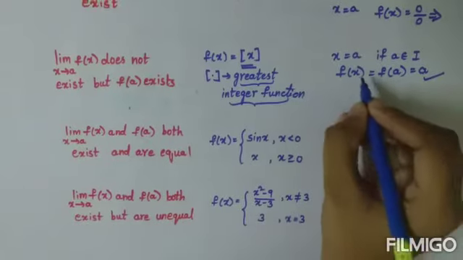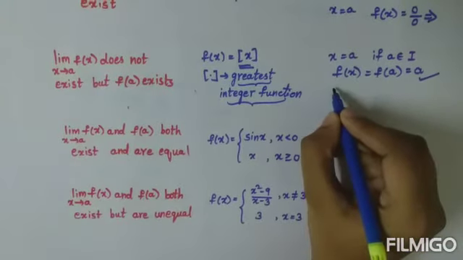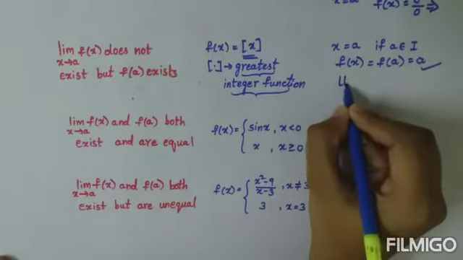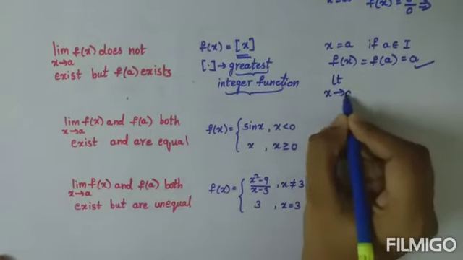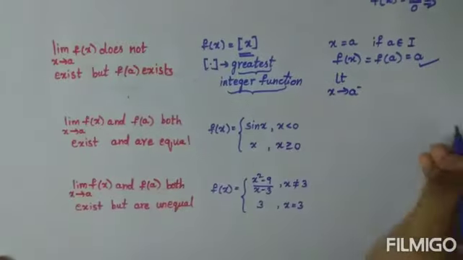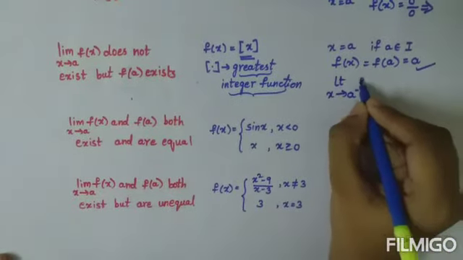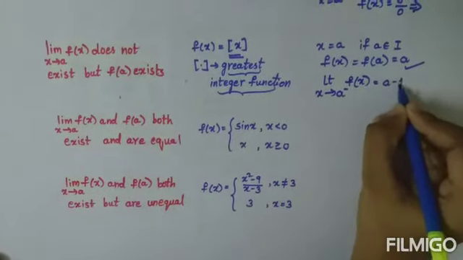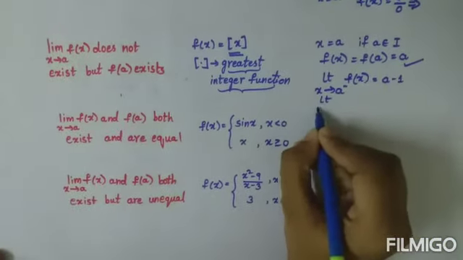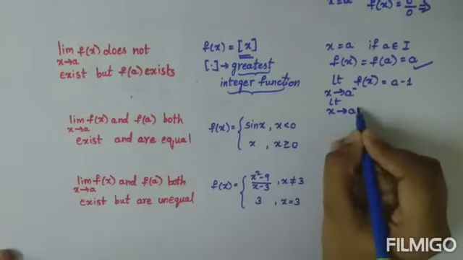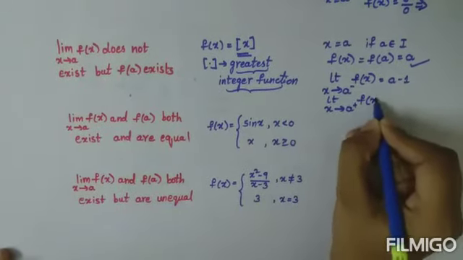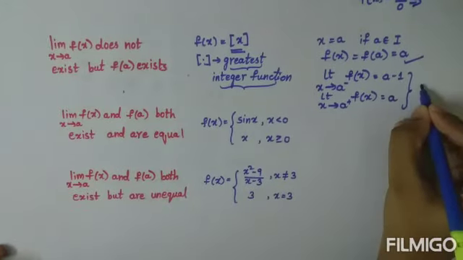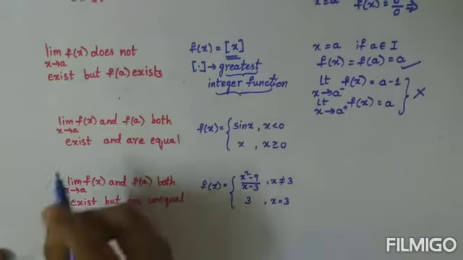But if we observe the left-handed limit and right-handed limit, when we approach from the left side in the real number, we observe that the limit of the function is a minus 1, and if we observe the right-hand side, we observe that the limit of the function is a. So we can say that the limit does not exist.